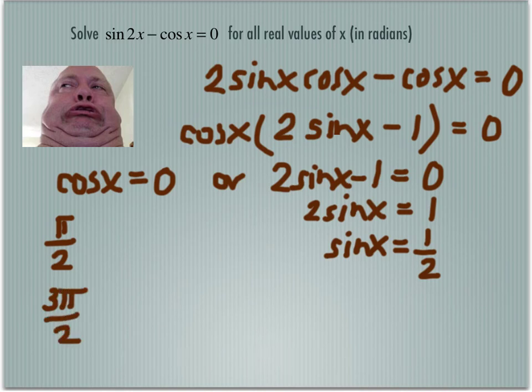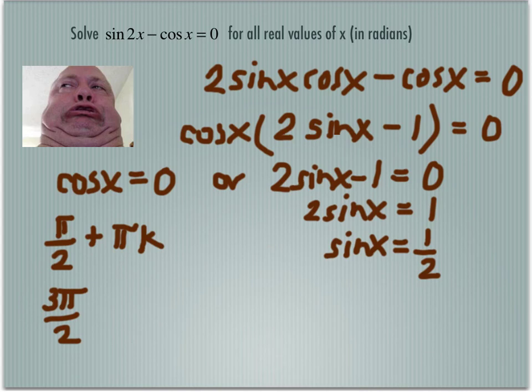Now, how do I represent that as a general solution? Well, every pi units, it's going to repeat itself. I'll just say plus pi k here. And that would actually account for this 3 pi over 2 as well.